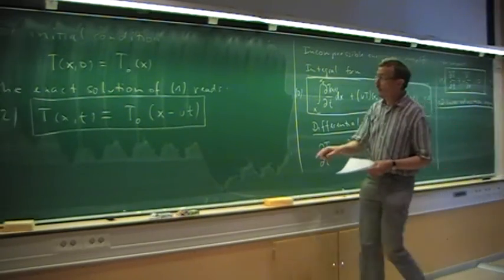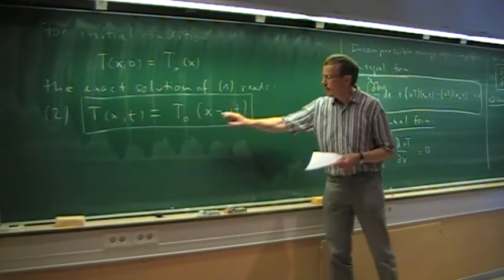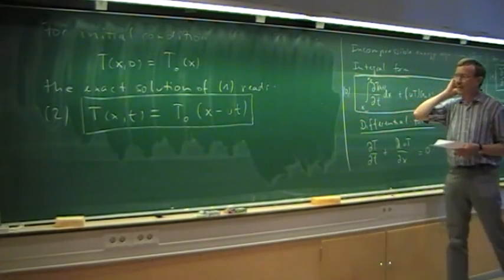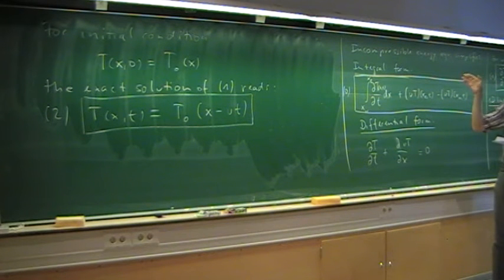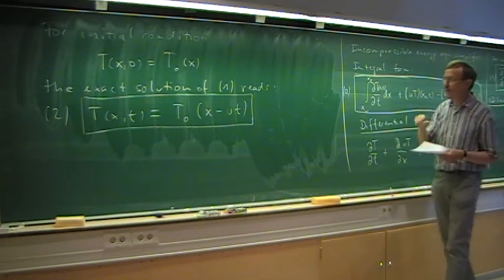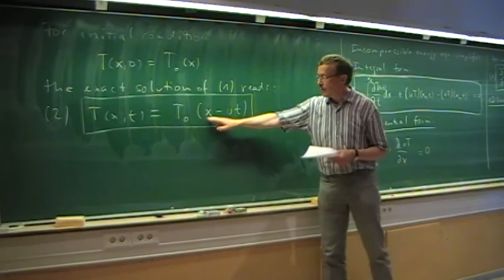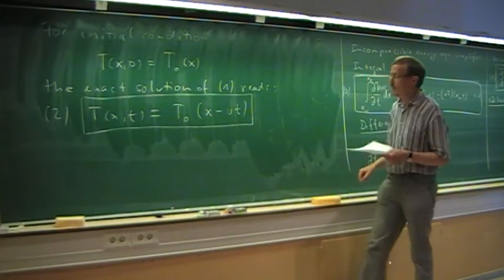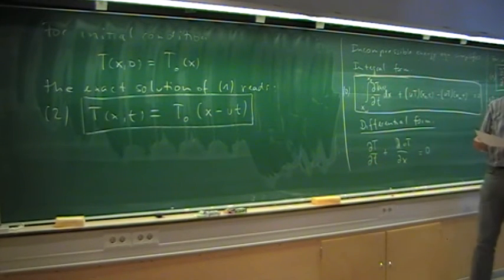And this here already indicates something interesting. Everywhere where x minus ut is constant, we have the same temperature. So if we start at some point for an initial condition and we are then on a line where x minus ut is constant, we have the same solution.